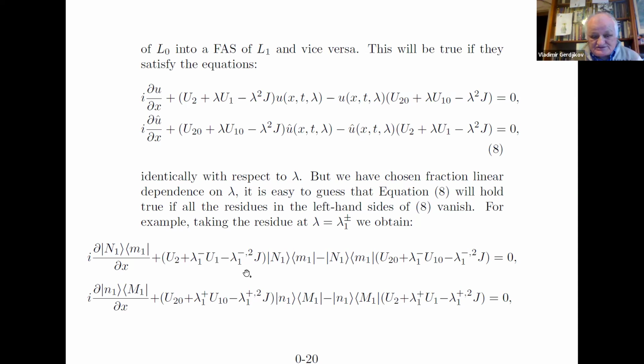So here stays the Lax operator potential evaluated at lambda 1 minus, which multiplies this residue, minus the same residue multiplied by the naked value of the potential for lambda. As I mentioned, U20, U10 are vanishing, so only the last term remains.